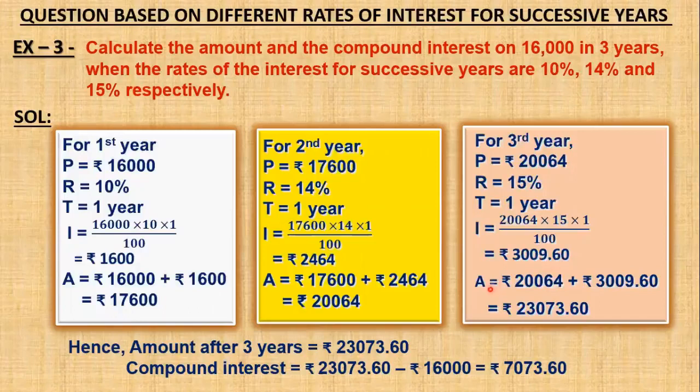So amount at the end of third year will be rupees 20,064 plus 3,009.60, which will give rupees 23,073.60. So the final amount will be 23,073.60, and compound interest will be equal to final amount minus initial principal, that is 16,000, which will give rupees 7,073.60.